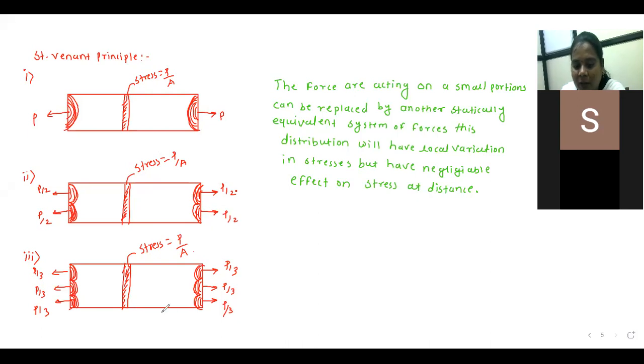And for the third figure, force is the same, but this force is distributed in 3 points. So stress variation is changed at that particular surface, but when you are checking at a distance, the stress is the same. So simply, Saint Venant principle states that म्हणजे आपण फोर्स ज्या प्लेनला अप्लाय करतोय त्या प्लेनला त्याचं डिस्ट्रीब्युशन चेंज होईल, पण जर ते आपण डिस्टन्सवर चेक केलं तर स्ट्रेस हा तुमचा सेम असणार आहे.